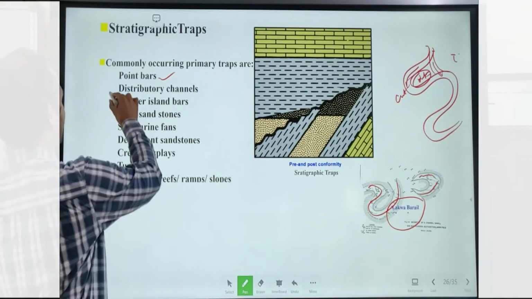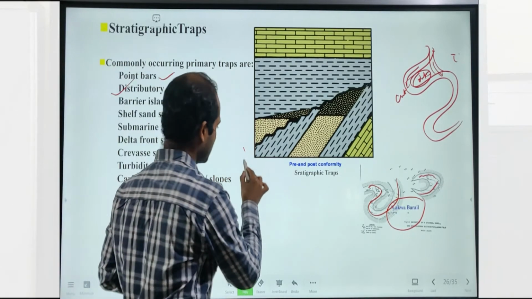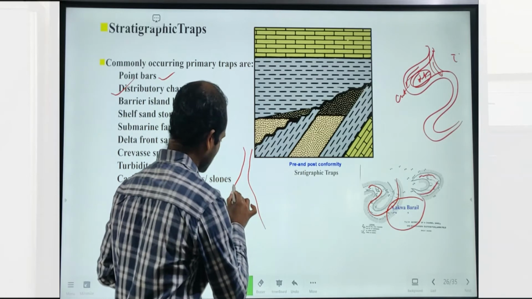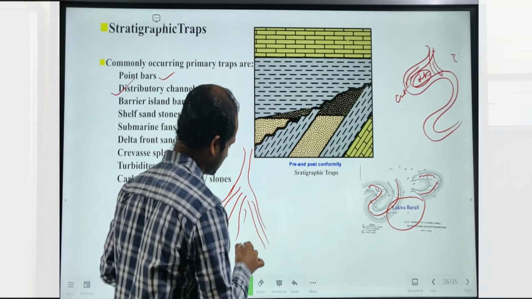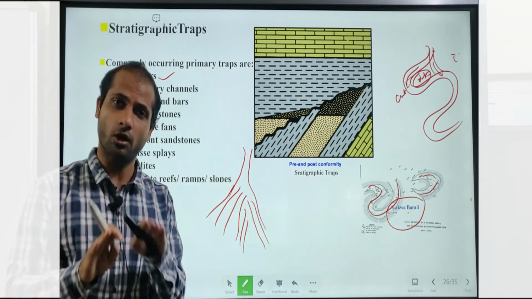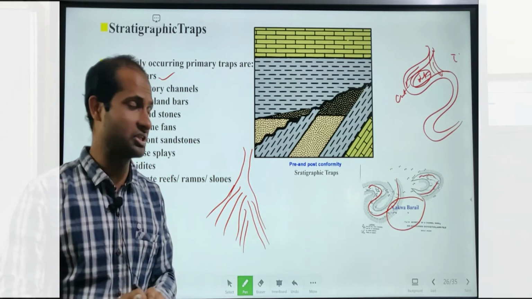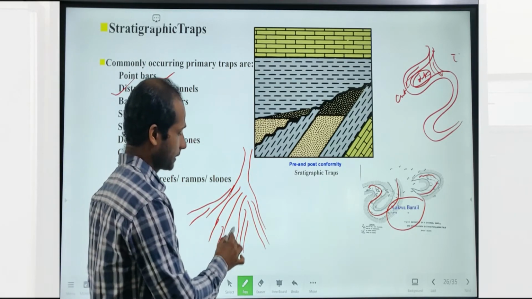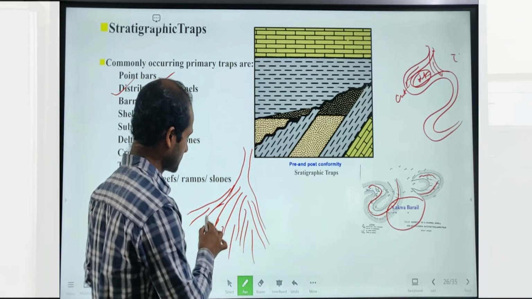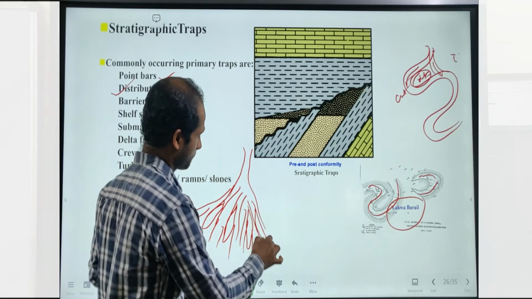Okay, and what is a distributary channel? You all know, when a river is about to meet the ocean, the gradient of the river decreases, and because of the decrease in gradient, it divides into a number of branches, and in between they deposit sand.